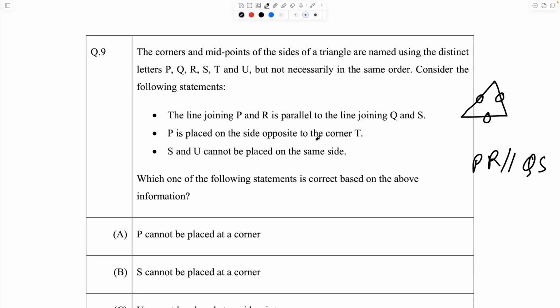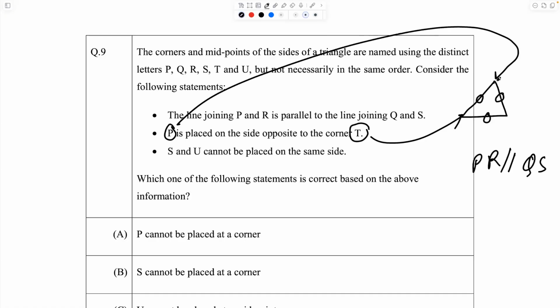P is a point on the side opposite to the corner T. So that means that T is one of the corners, and P is on the side opposite to this corner. That is, P could be present over here, or over here, because these are the 3 points which are on the side opposite to the corner T, right?